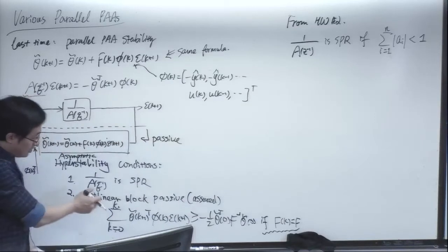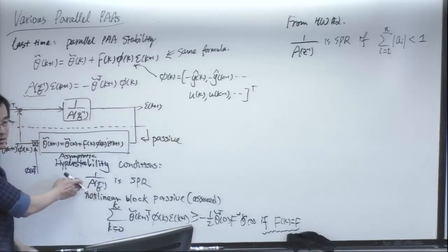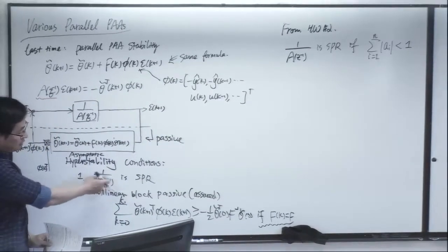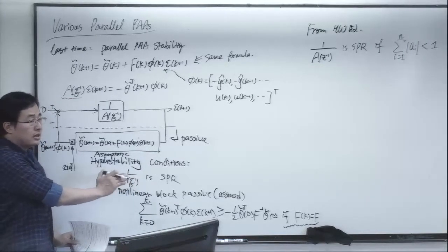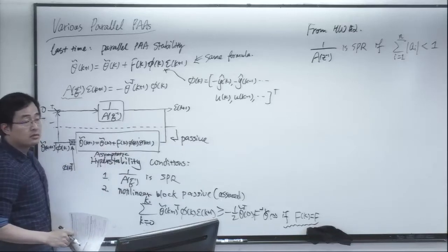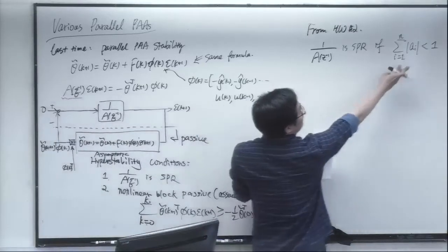In general, if you are given just a stable transfer function, with all the poles inside the unit circle, it's not guaranteed to be SPR though. Only this very special case it is.